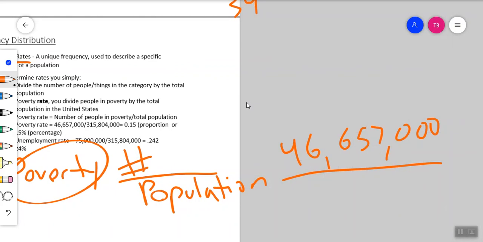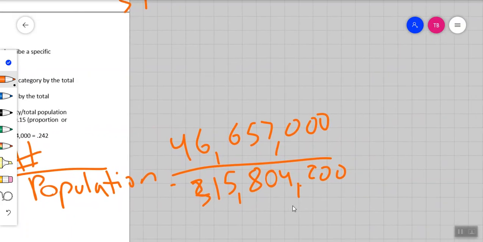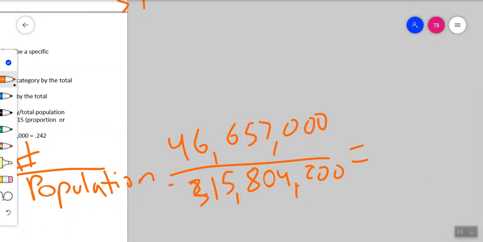You take it over the total US population, which is 315,804,000. And these numbers I just took from right here. So if you divide those two numbers, you get the rate of 0.15.